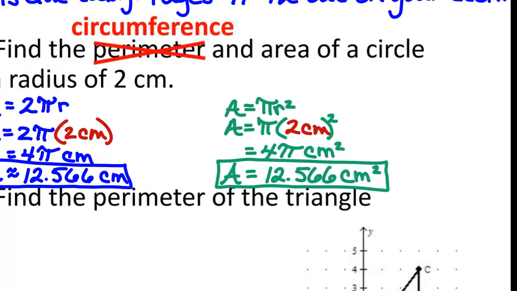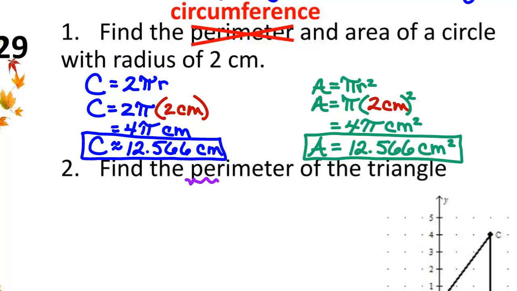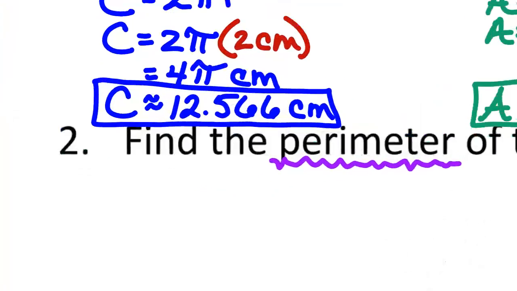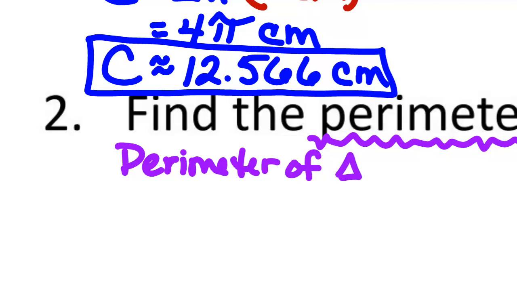All right, then down on number 2. Number 2, they only want me to find the perimeter of this triangle. How do we find perimeter of a triangle? That would be my area. How do we find perimeter? How do we find perimeter of any shape?